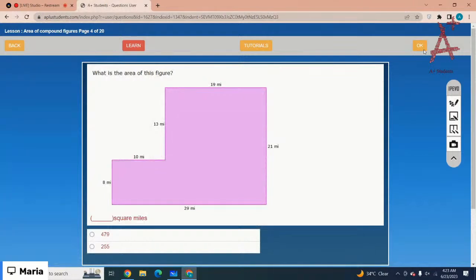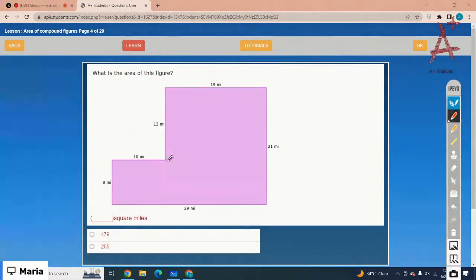Okay, what is the area of the shape? You have to divide the figure into two rectangles. It would be this one, A and B, and just solve for both the rectangles. Got it? For this one, it is 19 times 21, and this one is 10 times 8. That equals 80, and 19 times 21 is 399.